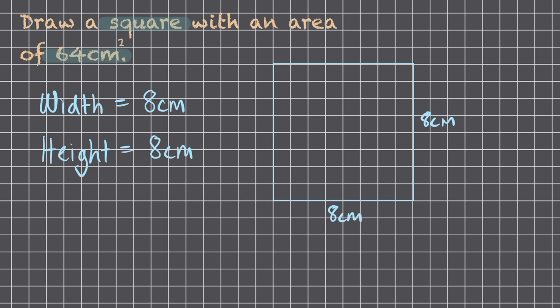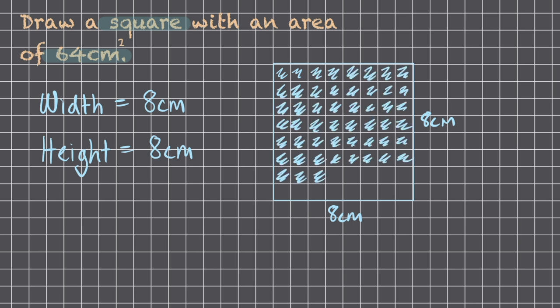And if we counted all of these squares, we get to 64. So we've got an area equal to 64 centimeters squared.